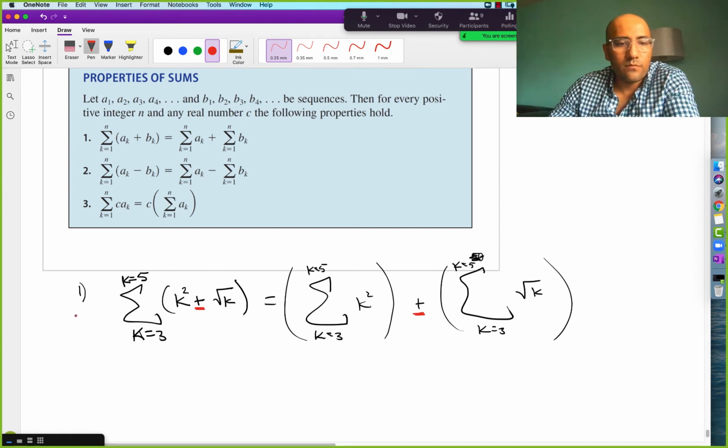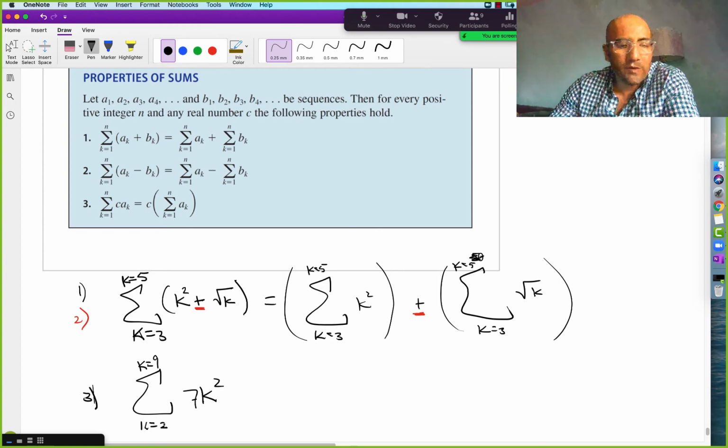Good. 1 and 2. And then the last one says that if there's a constant in there, we can just pull out the constant. So the third one is saying, for example, that if I have this, I don't know, k squared, but I also have a 7 there, summation as k goes from 2 through 9.